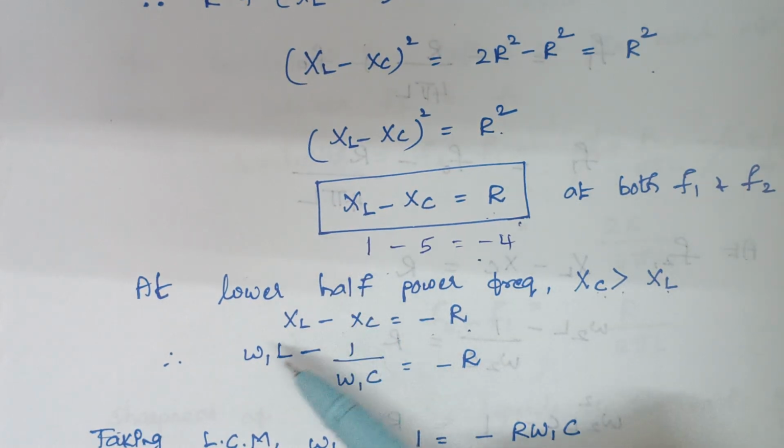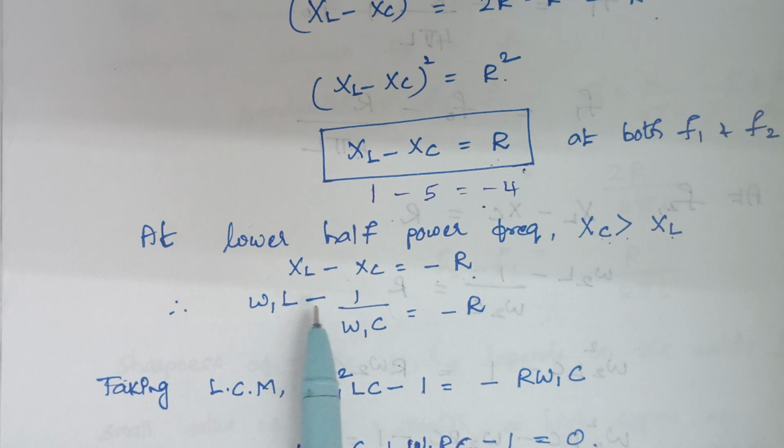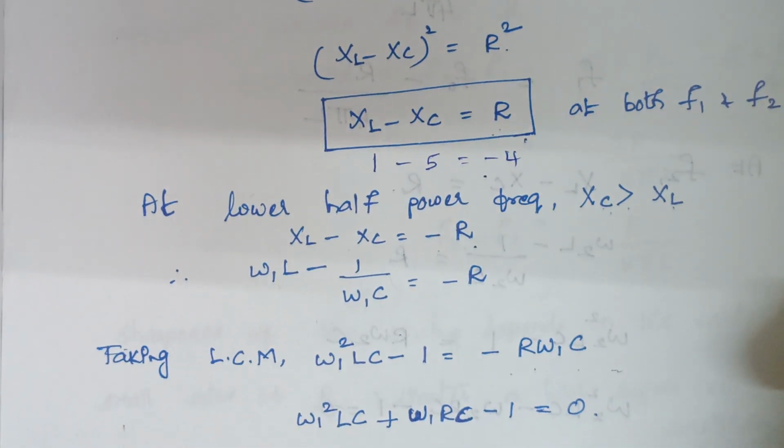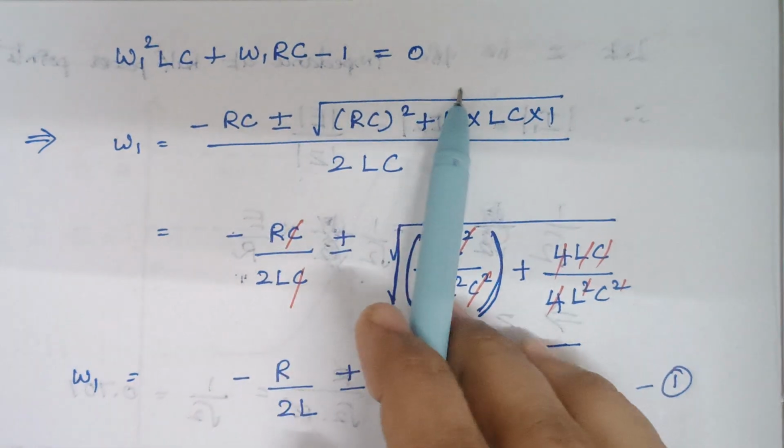So XL is omega 1 L and XC is 1 by omega 1 C. Again when you take LCM, you see omega 1 into L into omega 1 into C. So that gives omega 1 square LC minus 1 is equal to minus R omega 1 C. Again when you rearrange, we are having an equation like this. So this is our expression.